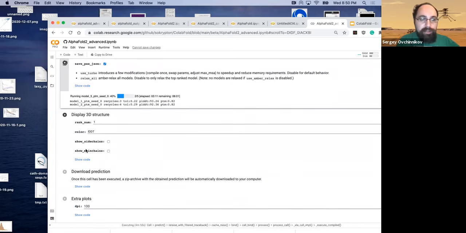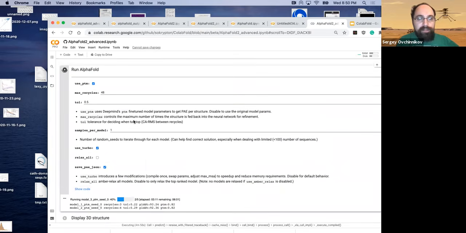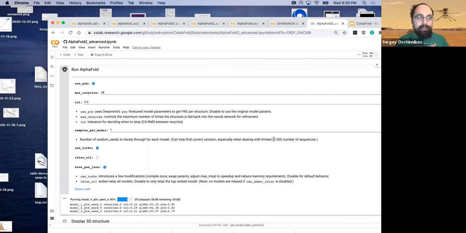So this is what was added to the advanced notebook, this ability to potentially introduce more variability. And one thing I should mention is that this is only really useful when you don't have enough data. If you have thousands of sequences, even running with 1 recycle often just gives you the right answer.